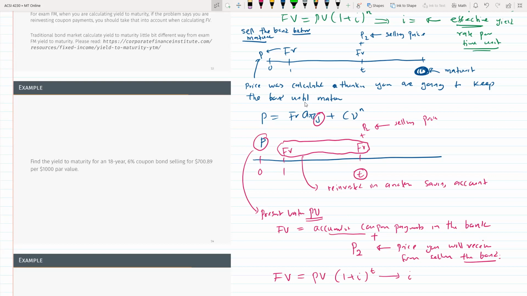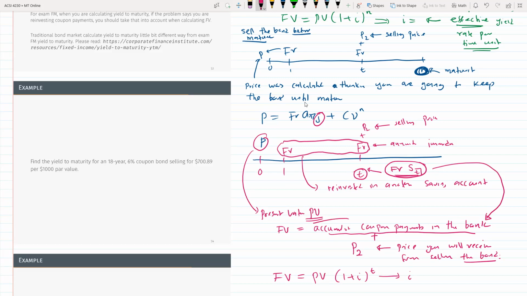Okay. From here you can get that. So how do you get the current coupon payments in the bank? Of course, we know that this looks like an annuity immediate. And then at time t, what is the equivalent value? F r s_t, no? That's how you get the equivalent value. So that would be the accumulated coupon payment, because it's growing in the bank account.